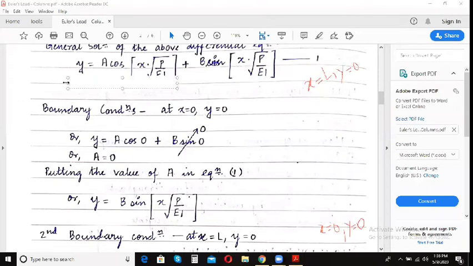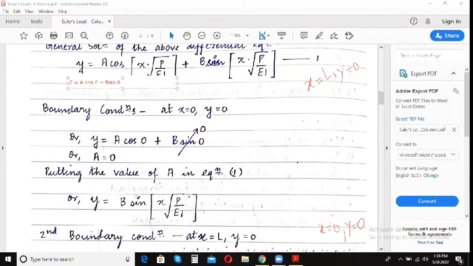We are putting y = 0. So 0 = a cos(...), we don't know how much a is. Now x is also equal to 0, so if you multiply 0 with √(P/EI), it becomes 0 again. So we have a cos 0 plus, again if we substitute x with 0, the entire term becomes 0, so b sin 0.